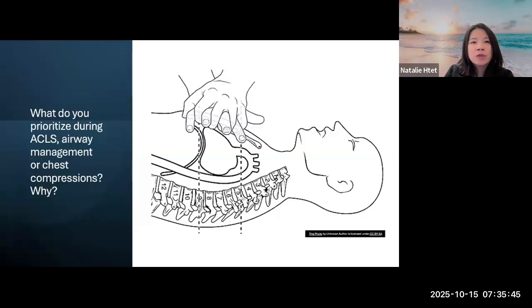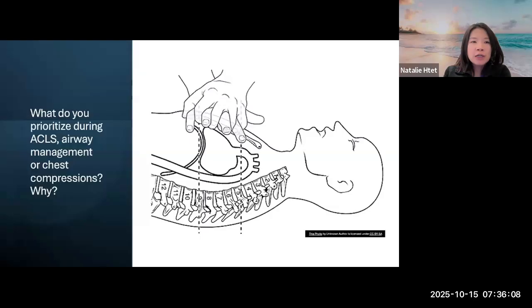Another reason airway becomes a second priority is that during chest compression, patients are getting a little passive ventilation. Passive oxygenation can be provided via a non-rebreather or bag mask ventilation without an advanced airway. That should also work.